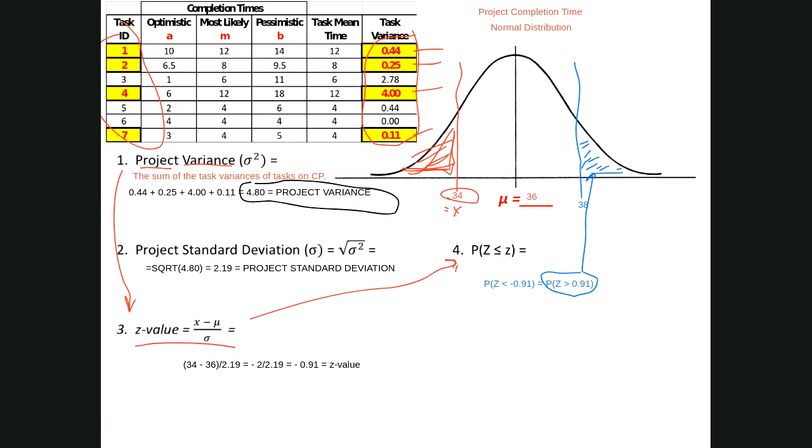All right, and what I also know is that that's the same as 1 minus the probability that z is less than positive 0.91. Go back here and write this. That's going to be equal to.